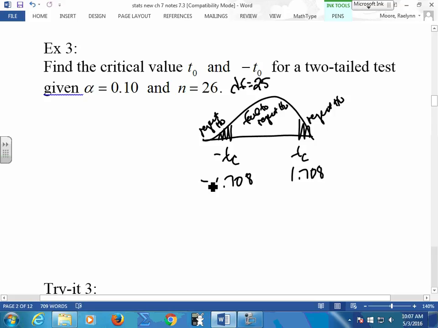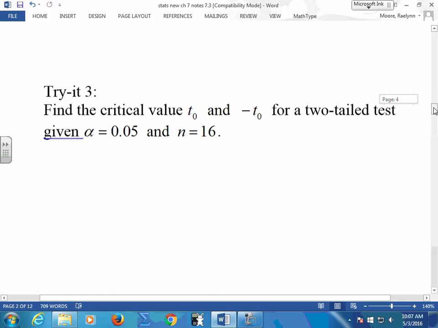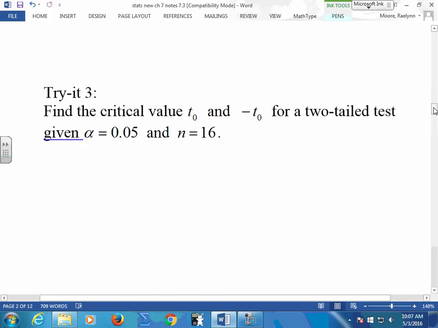That's it. There's your cutoffs. Make sense? Okay. Try it. You guys try it yourself. Number 3. Two-tail test. I want to see reject H0. Fail to reject H0.